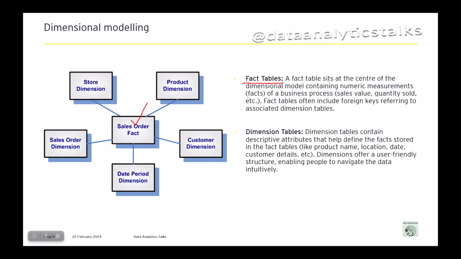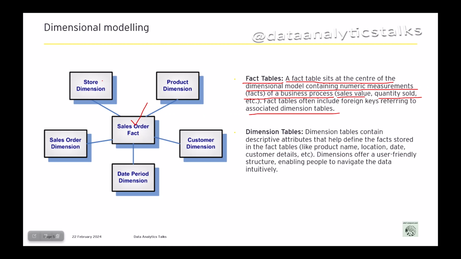To understand fact table, a few points. A fact table sits at the center of the dimensional model containing numeric measurements, facts of the business process, like sales value, quantity sold, etc. We will see that with example. The fact table often includes foreign keys referring to associated dimension tables.